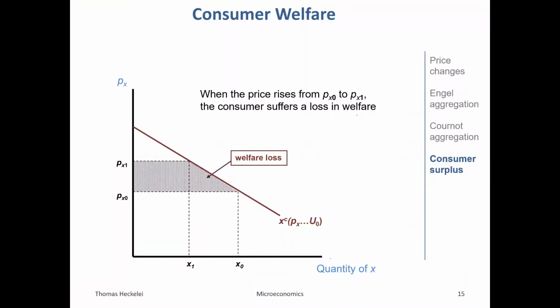Okay, to sum up, when the price increases from px0 to px1, there will be a welfare loss for the consumers. And this welfare loss can be measured by the area below the compensated demand function, with px ranging from px0 to px1.